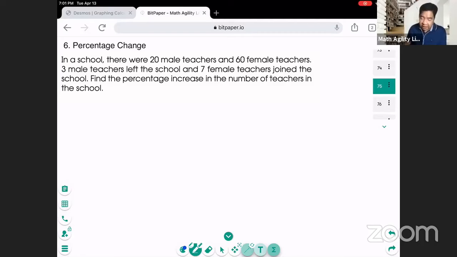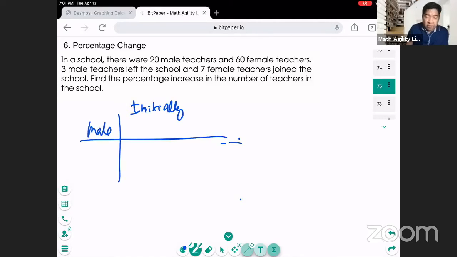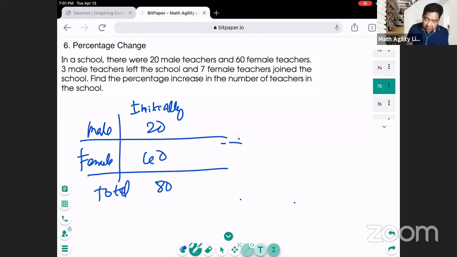So initially, or originally, what do they have? We have male of 20, and then female of 60. So the total is 80 teachers, right? Initially.